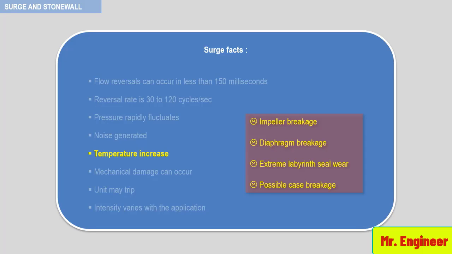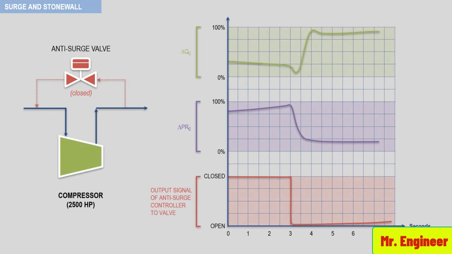Now take a look at the following figure. It shows the test results of an actual surge performed on a process compressor. It is the results obtained during a real surge cycle. Here, delta QC is the flow change, and delta PRC is the pressure ratio change.